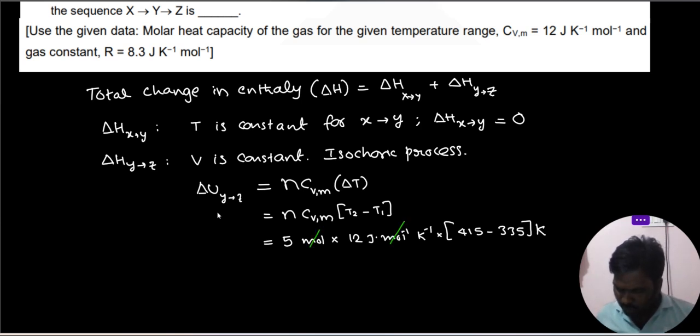Mole into mole inverse and Kelvin into Kelvin inverse cancel, and we get joules. The value is 4800 joule. So this is the delta U value.